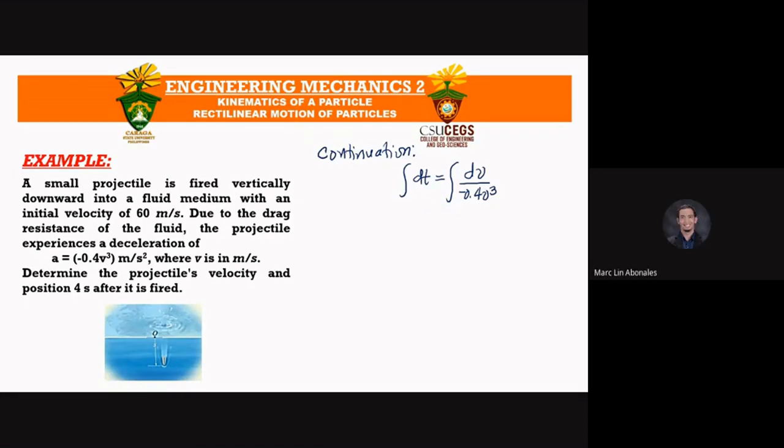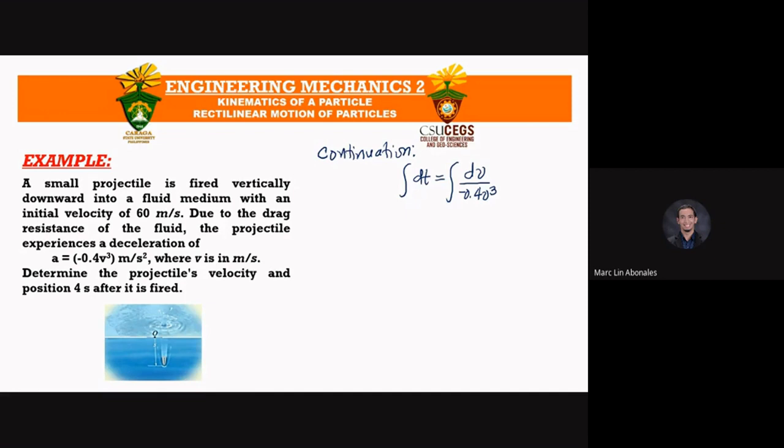It is zero. Ang upper, which is the final time, mao na 4 seconds. Kay ang question man is, projectile's velocity 4 seconds after it is fired. So ang 4 seconds na to, mao na ang final time, correct? And yes, sir, the initial time is zero. Okay, wala may gi-state diri sa problem kung unsa ang initial time.